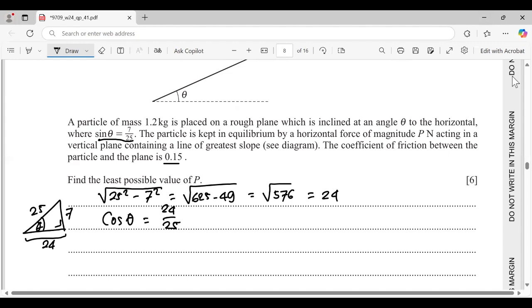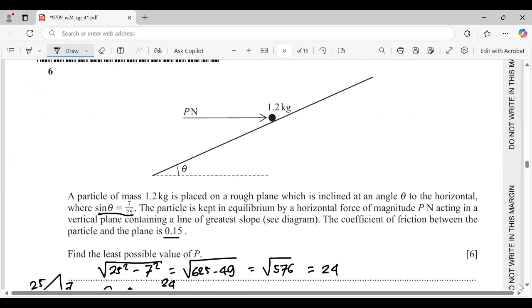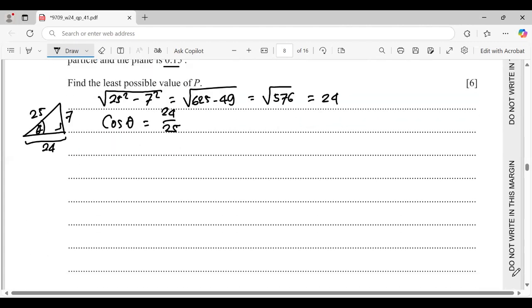And the next step, we're going to find all forces acting on this particle. The first, we are going to resolve the perpendicular force to the plane. The perpendicular force acting to the plane is the component normal to the plane.